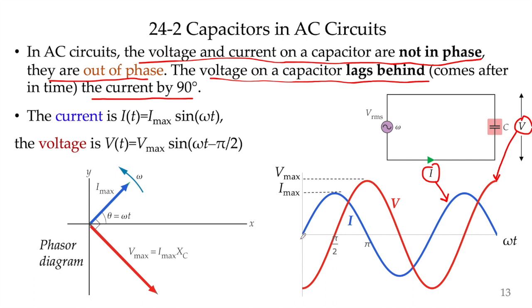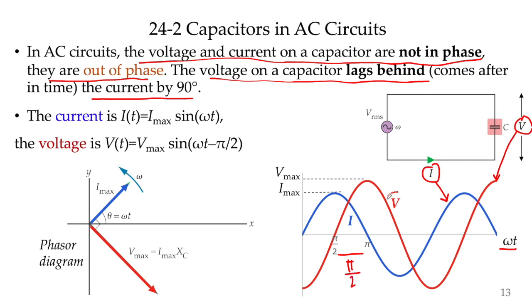Be careful here: the current becomes maximum first, at time pi over 2, and the voltage becomes maximum later. After how much time? Actually it's frequency times time, after pi over 2.